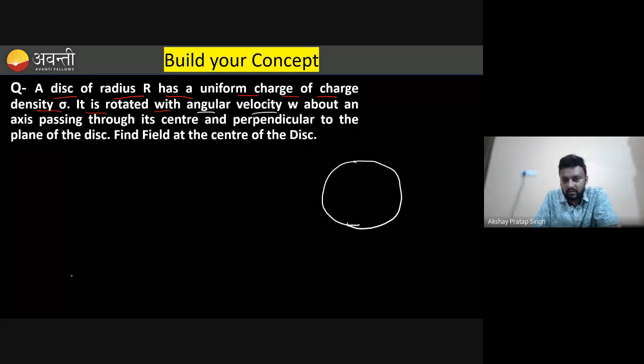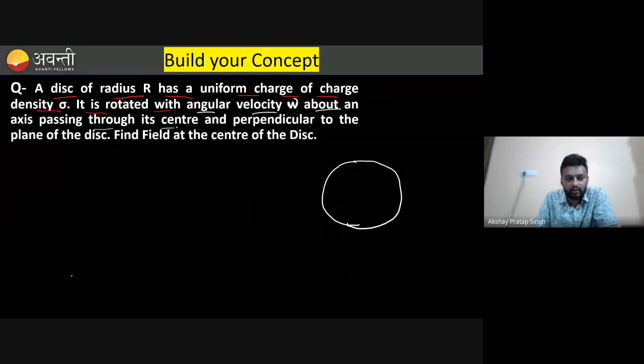It is rotated with some angular velocity, this is not W, this is omega actually, about an axis passing through its center and perpendicular to the plane. That means the axis is somewhere here, perpendicular into the plane. Find the field at the center of the disk.